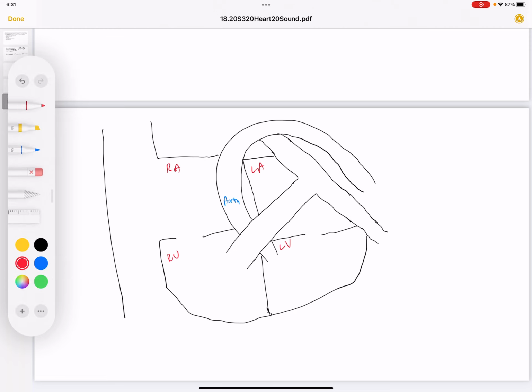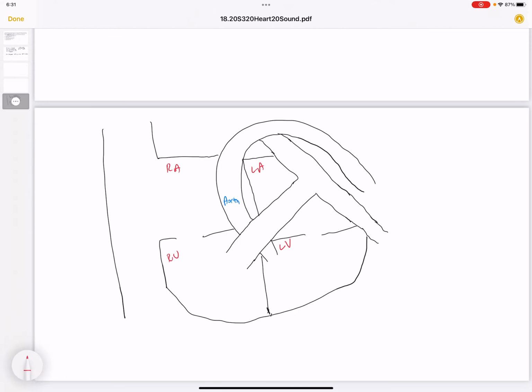S3 heart sound. Let's say that a person has mitral regurgitation. So during systole, the mitral valve should be closed, and with mitral regurgitation, there's a backflow of blood from the left ventricle into the left atrium. So as a result, during diastole, we have more blood that is going to be filling the left ventricle.